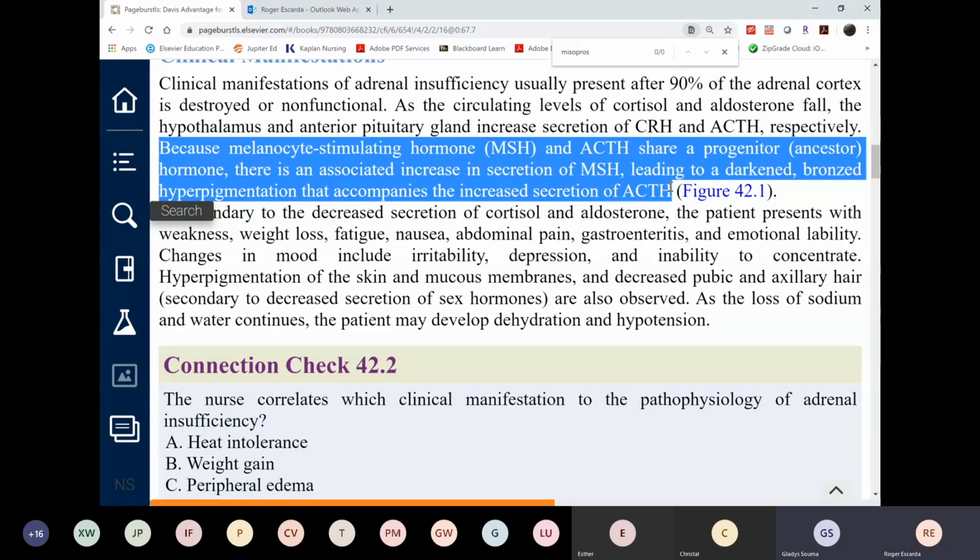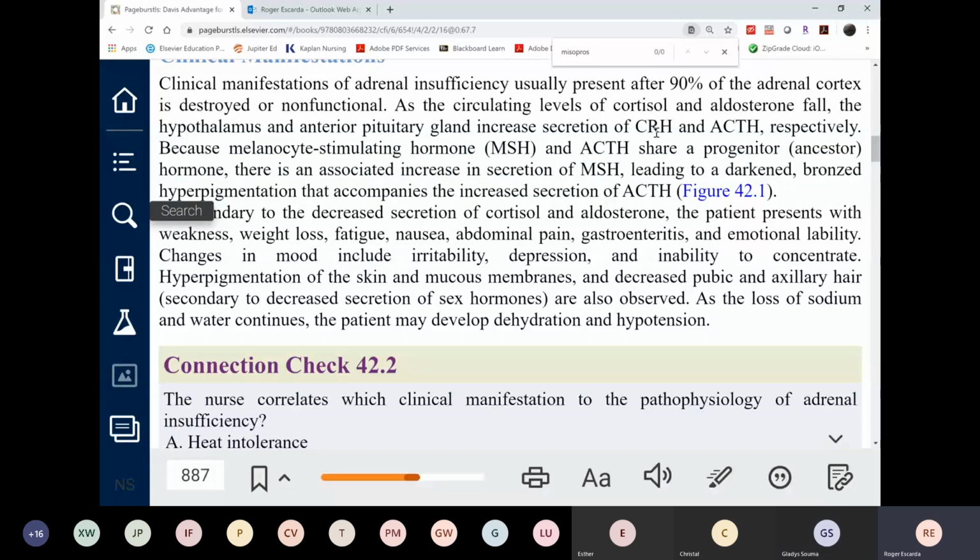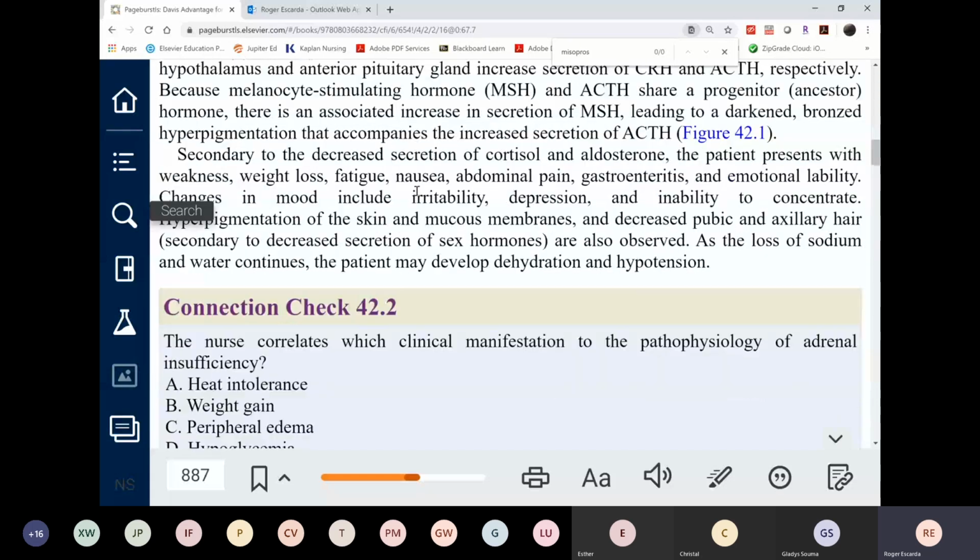All right. This is because they have an inverse relationship with cortisol. So if your cortisol and aldosterone levels fall, the melanocyte stimulating hormone and the adrenocorticotropic hormone are going to increase. This is the reason for the darkening of the skin color of these patients. So that will account for the bronzed appearance of the skin.